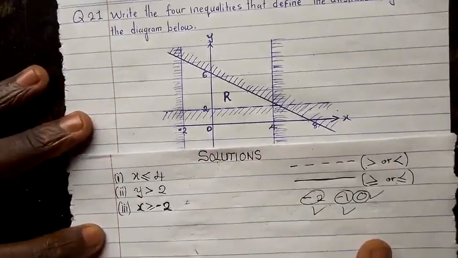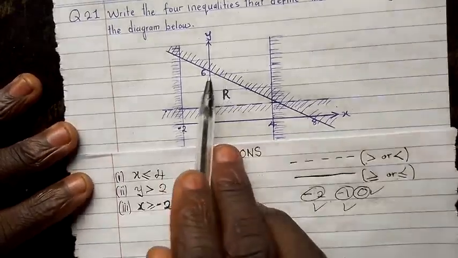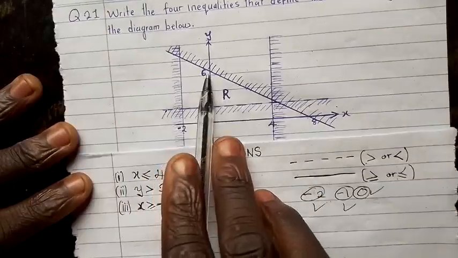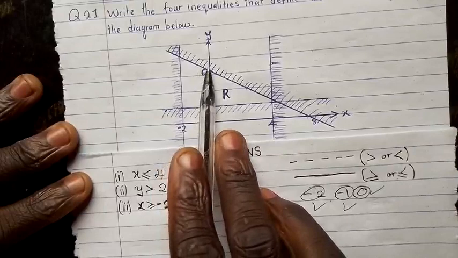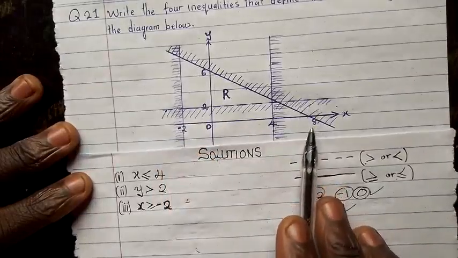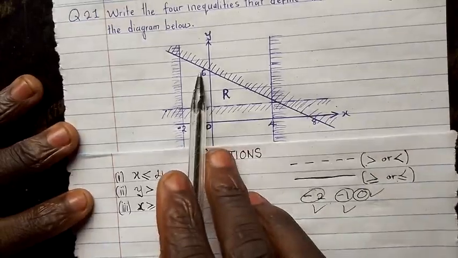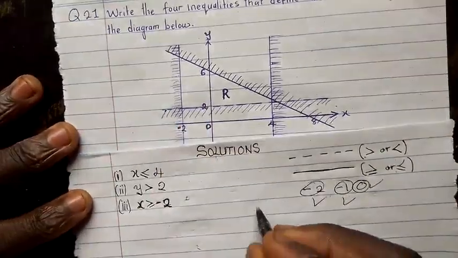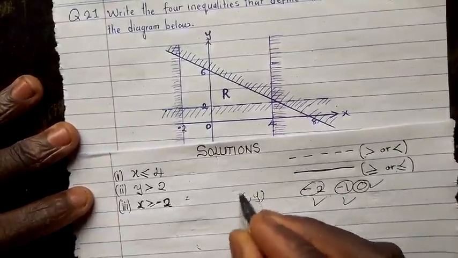Okay. Now let's try to answer the last one. So the last one, this line here is solid. And it is cutting through what? At point 6 in the y-axis. And at point 8 in the x-axis. So I'm going to write the coordinates here. They obey the layout of x, y.